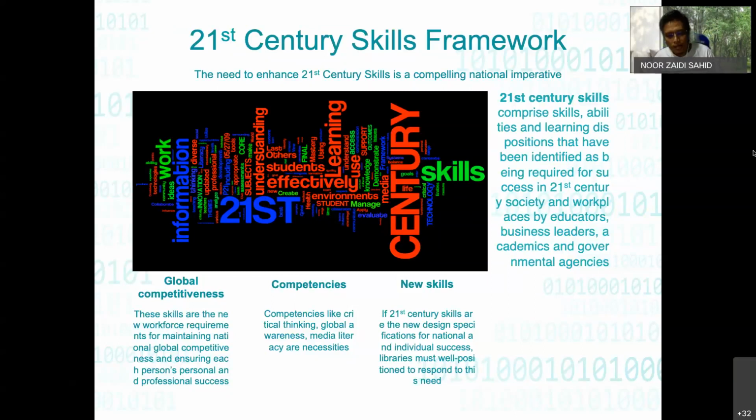So what might your skill be in the context of global competitiveness, so that you may compete with others?